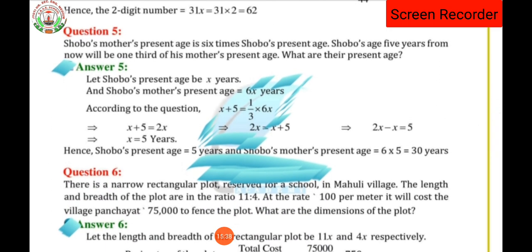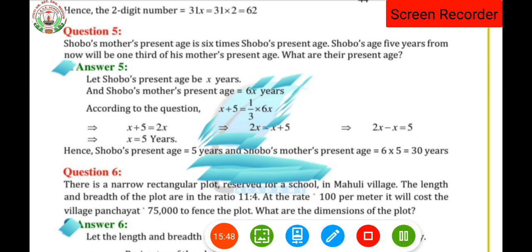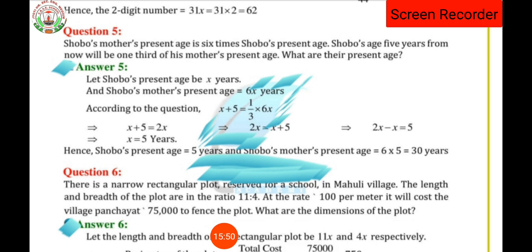Shabo's mother's present age is 6 times Shabo's age. Okay. Shabo's age 5 years from now will be 1/3 of the mother's age. What is the present age of Shabo and her mother? So let Shabo's present age be x.